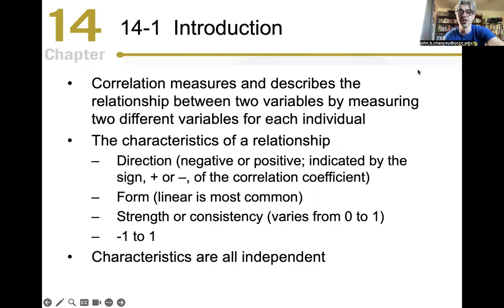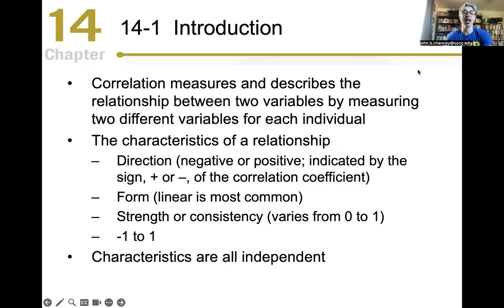Correlation is intended to describe the relationship between two variables, and we characterize that relationship based on its direction, whether it's positive or negative. Typically, we're talking about a linear relationship, straight lines. Some of the other forms of correlation we might use can be used for things that are not necessarily linear, maybe curvilinear, for example.